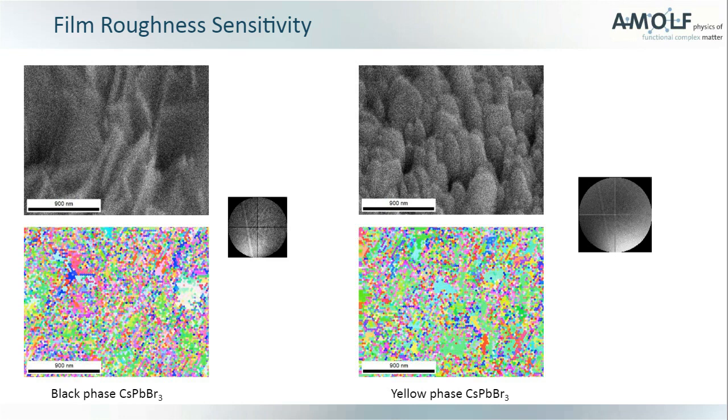If you look at the EBSD map, in the middle you can see some needle-shaped green and purple lines, which correspond to the needle-shaped grains in the SEM.